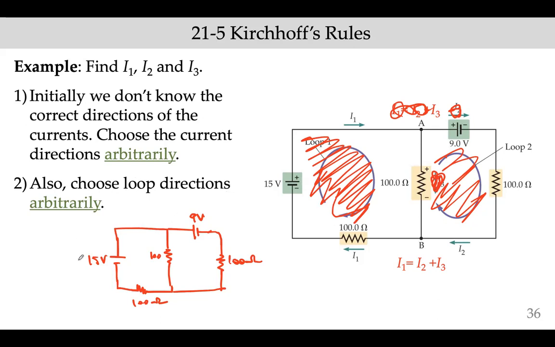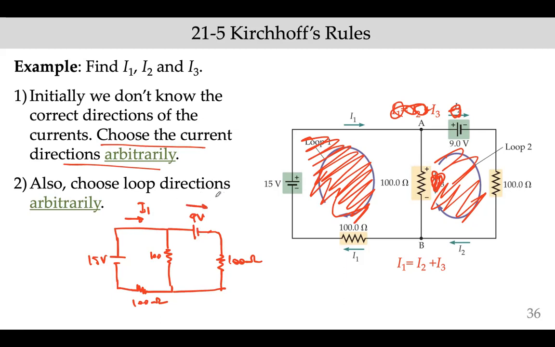So what do you do when you see a question like this? The first thing you have to do is choose the current directions arbitrarily. In this one, we chose this direction and named it I1. If you want, you can name it a different variable, no problem.